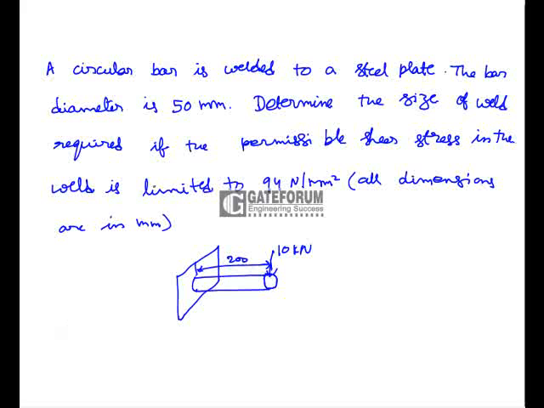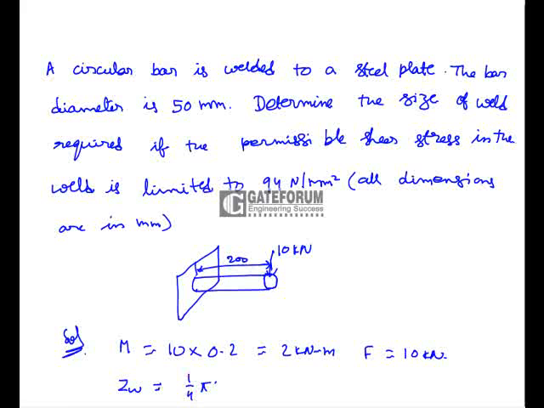First find out the bending moment. The maximum bending moment induced in the beam, M, is equal to 10 into 0.2, which is 2 kilonewton meter, and the shear force is 10 kilonewton only. Now the section modulus of the beam is equal to 1 by 4 pi t d square, which is equal to 1.964 t into 10 power minus 3 meter square.